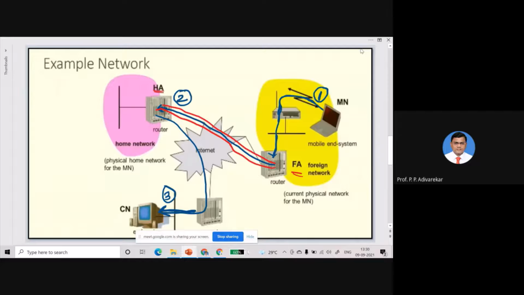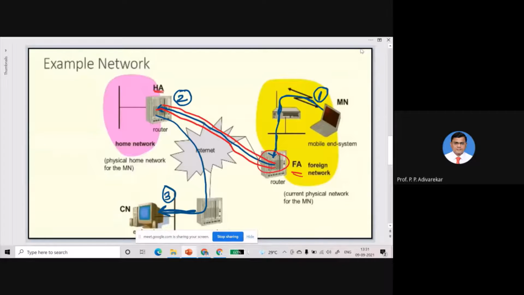The mobile node will initiate a packet, and it will be delivered to the foreign agent, as you see in the particular step. Now once the foreign agent receives the packet, the firewall is here, outside the foreign agent, because the firewall protects from the outside world.